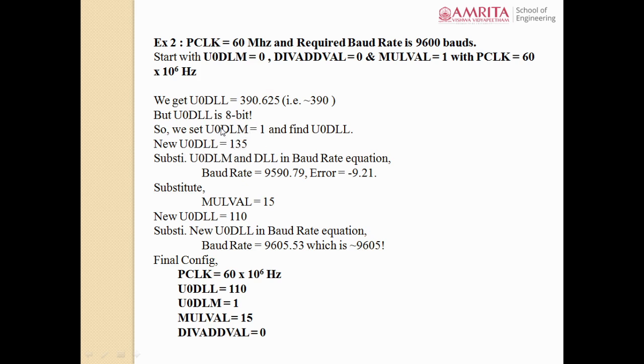So in this case, you need to configure U0 DLM and U0 DLL. Again, error correction will be done, and finally you get U0 DLL as 110. So if you have PCLK 60 MHz and you want to configure the baud rate as 9600, you need to configure both these registers: U0 DLL as 110, U0 DLM as 1.